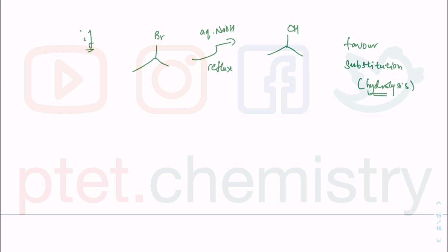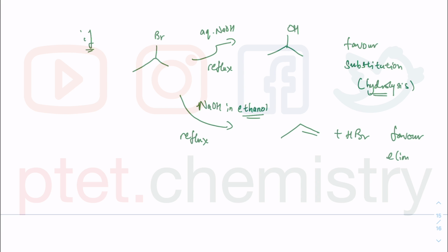Aqueous NaOH means in water. If you do it with NaOH in ethanol or KOH in ethanol, you're going to favor elimination, so you can get like that. That is what the question wants you to think about: substitution versus elimination. Very, very popular concept.